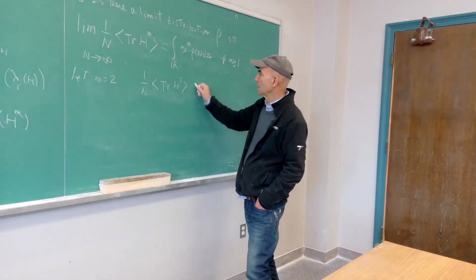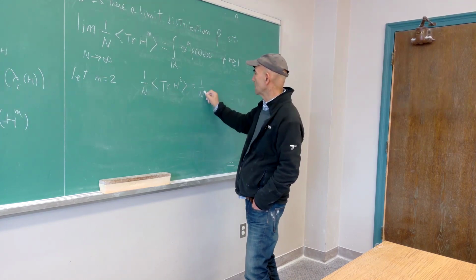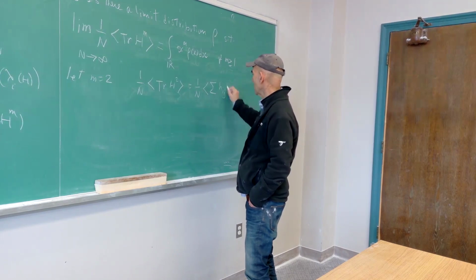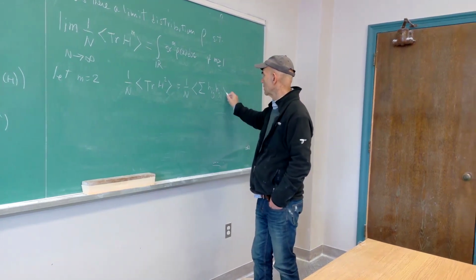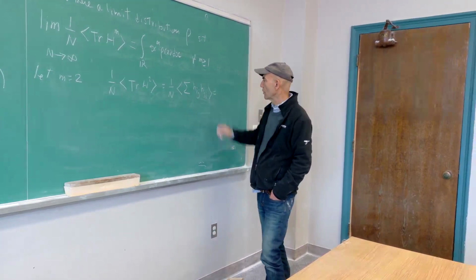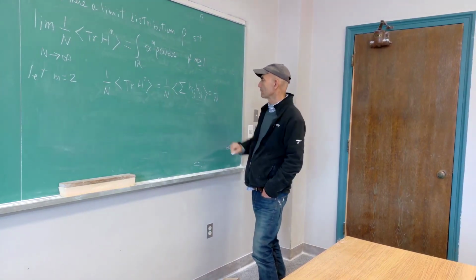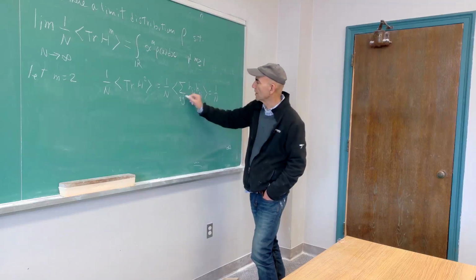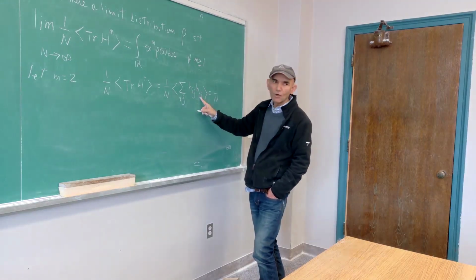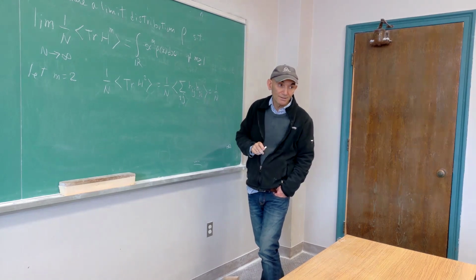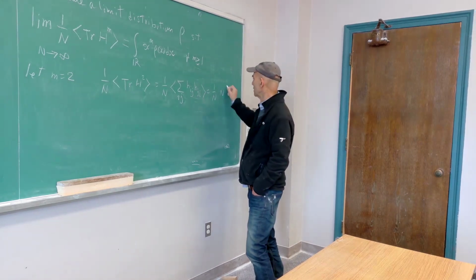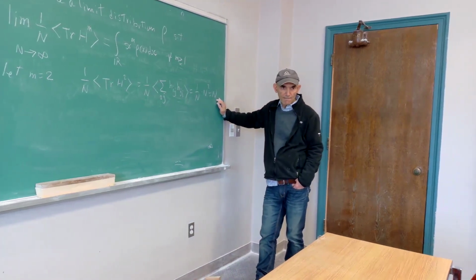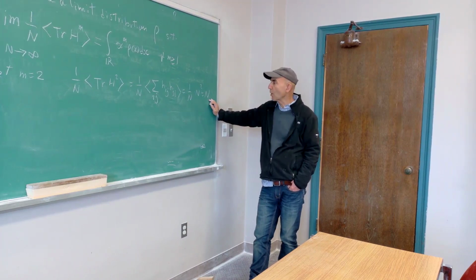This is equal to 1 over n sum of H_ij H_ji. Each of these terms is 1, so you get n squared over n, which is n. So this cannot have a limit. So it's a problem.